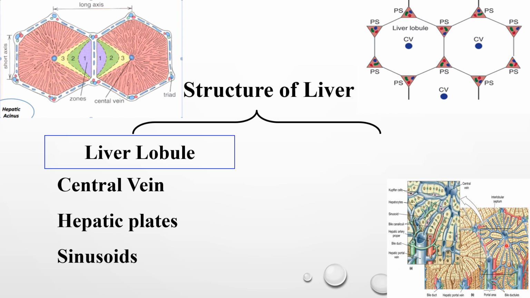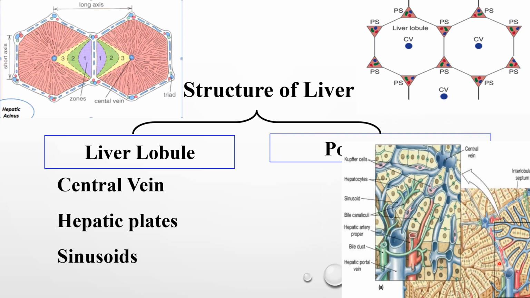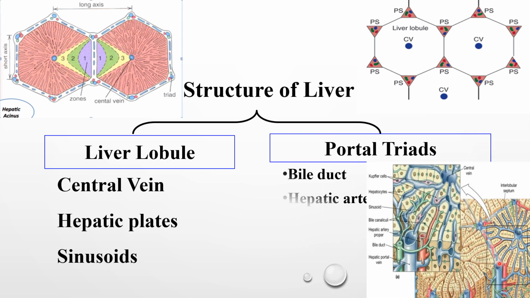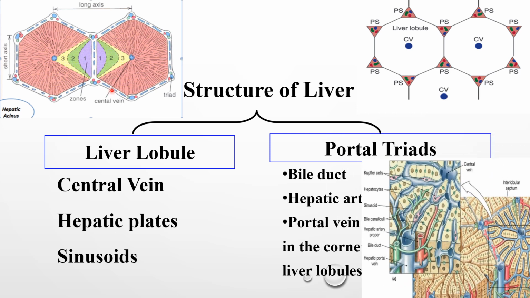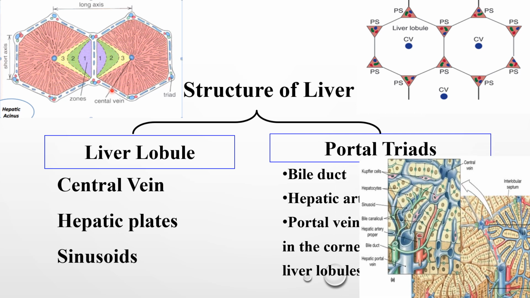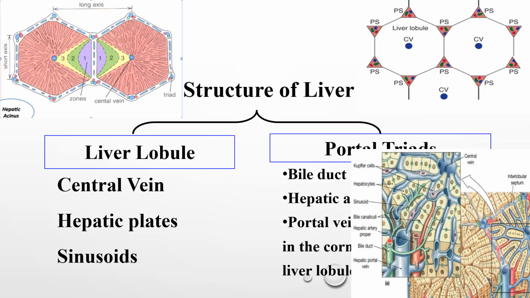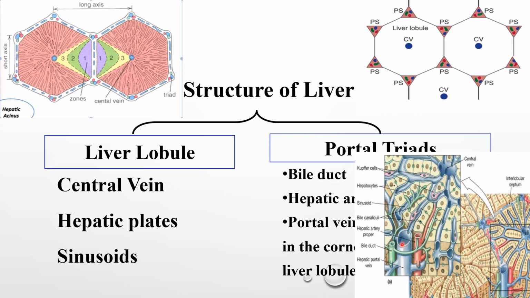The sinusoids here you can see, which is blue in color. In the portal triad, what are all included? Portal triad includes a bile duct, here which is green in color, and the hepatic artery, and then the portal vein.